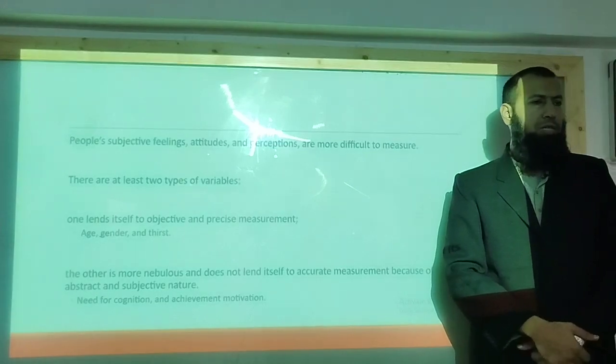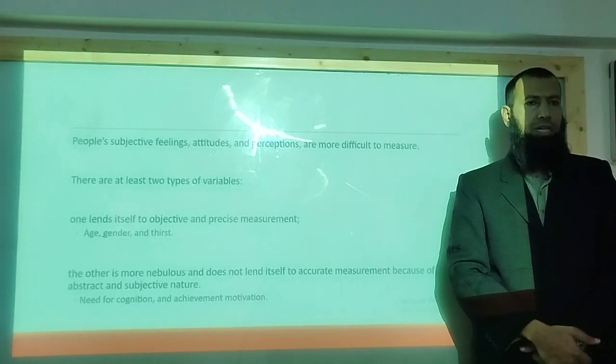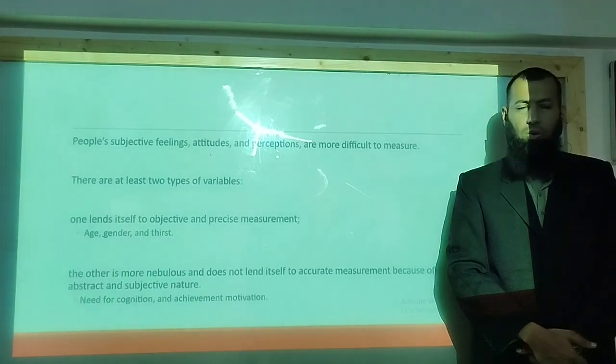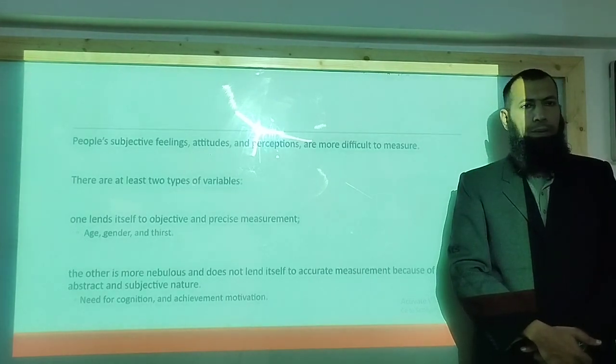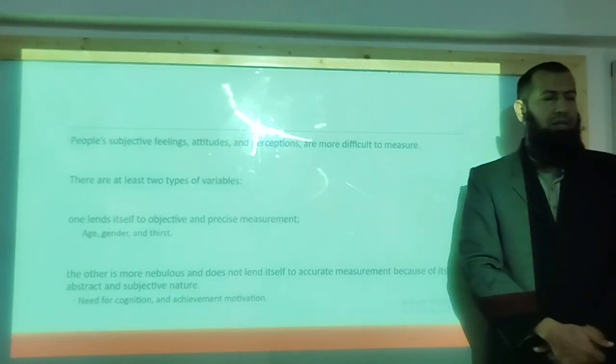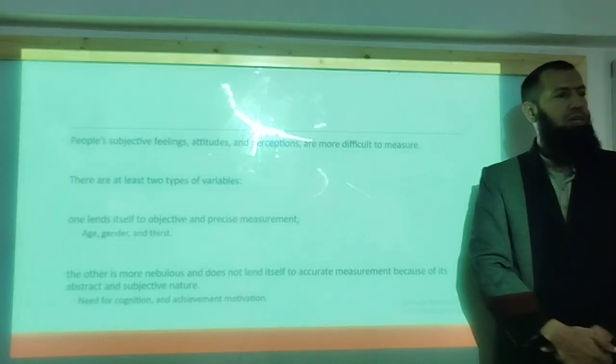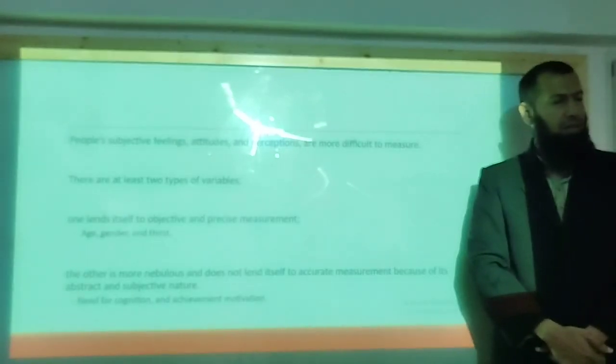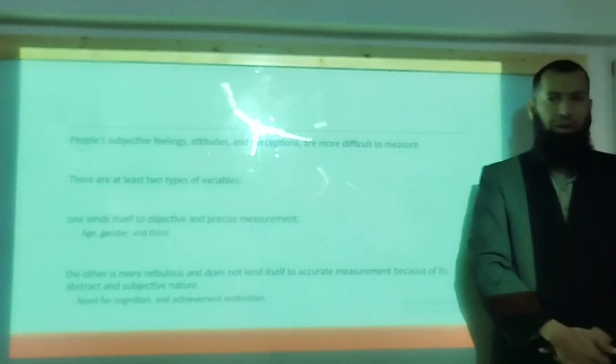Most of the variables are basically subjective variables. So we get to know about them with multiple items. The subjective nature of the variable tells you that you need to measure not by a single item but multiple items. Got it?